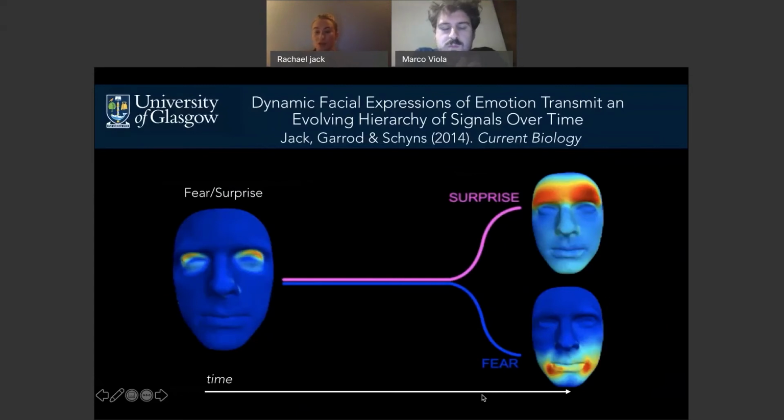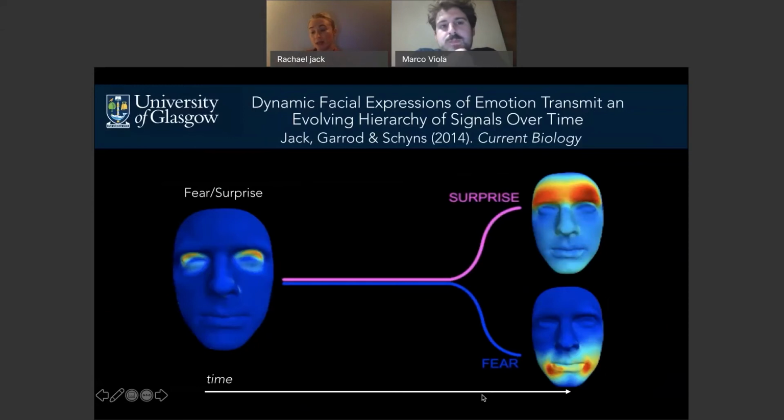What is its role, etc.? And because we build dynamic models, right, our stimuli are dynamic and therefore the models are dynamic, we can then analyze the temporal dynamics of the models in a systematic way. So this is exactly what we did in a 2014 study.